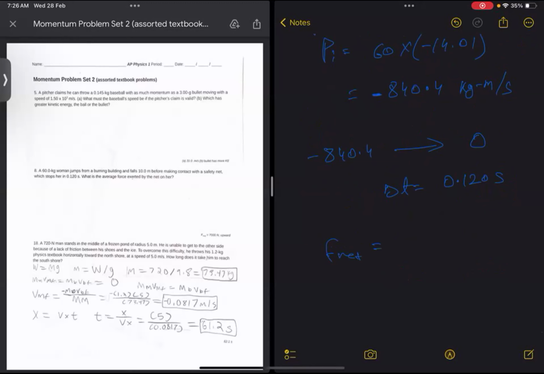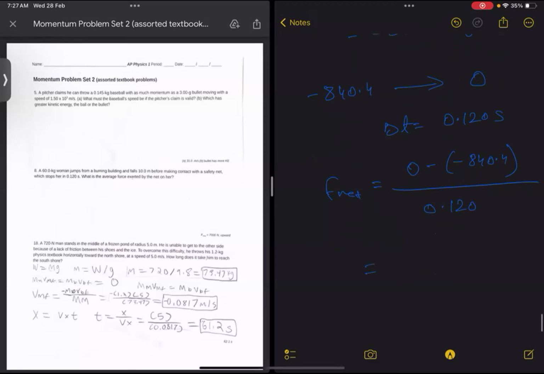That is the change in momentum divided by the time in which this momentum is changing. Change in momentum is final minus initial, that is minus of minus 840.4, divided by 0.12.